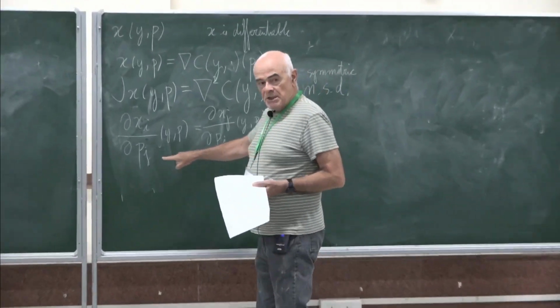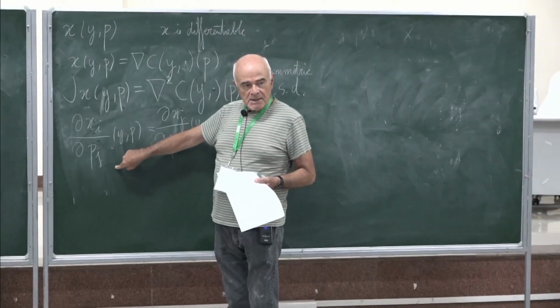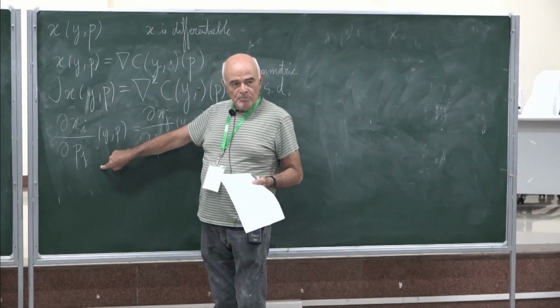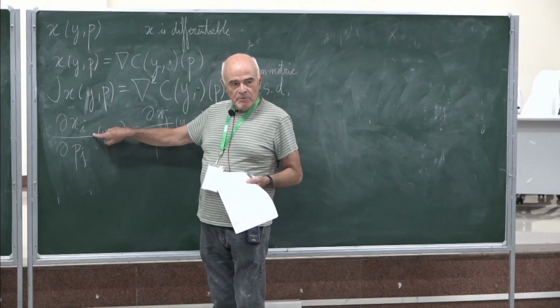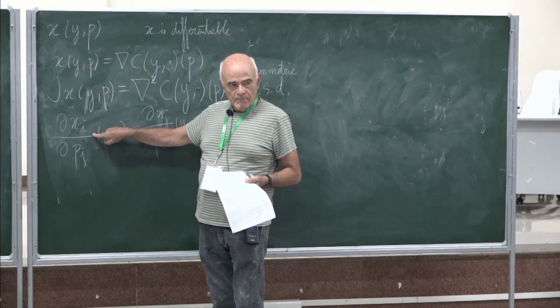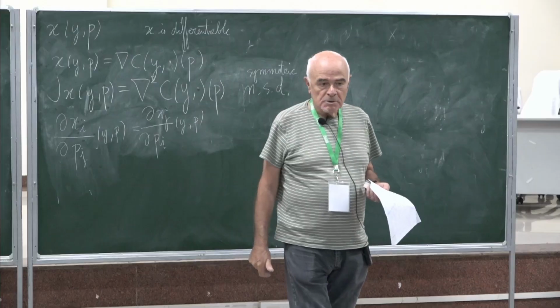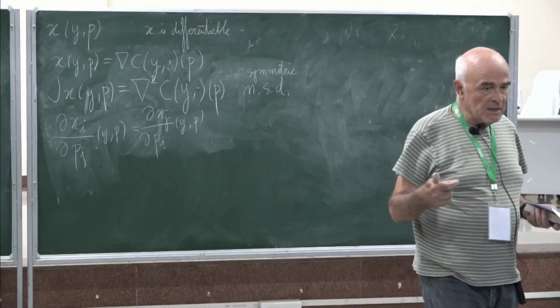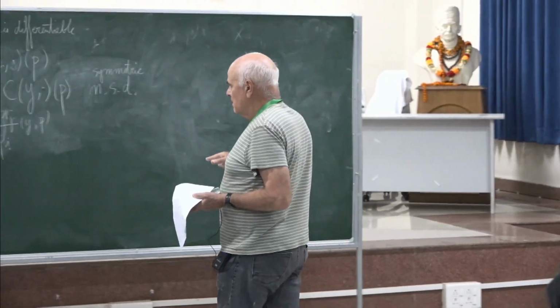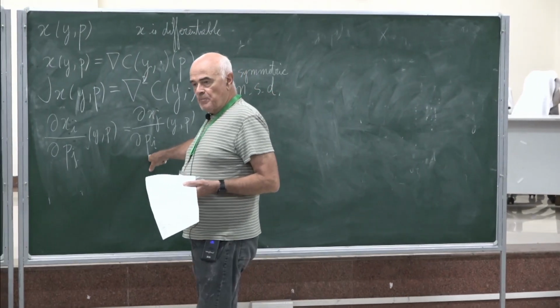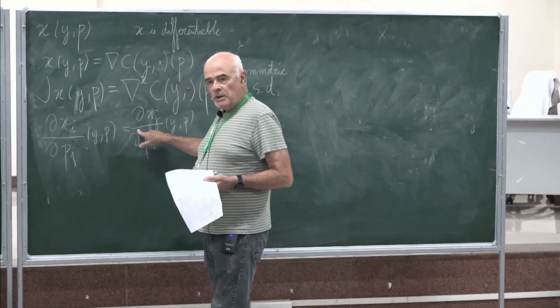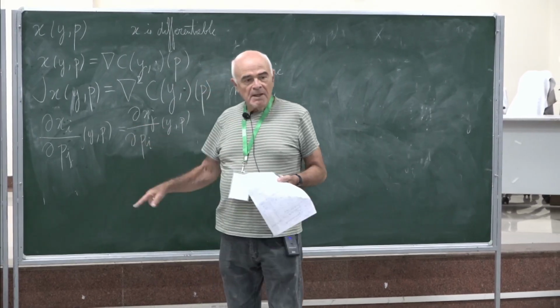If the price of input j is changing, this tells us what would be the impact of this change on the demand for input i. And here is the same, but reversing the roles. So this impact is the same as the impact that a change in the price of input i would have on the demand for input j.